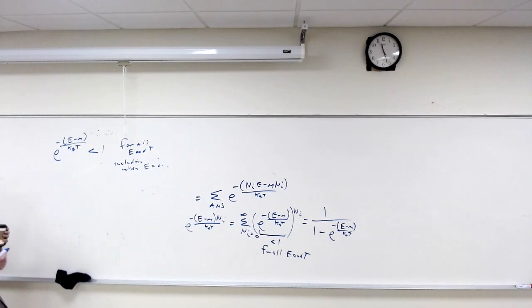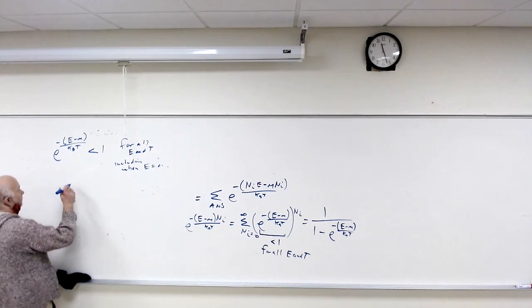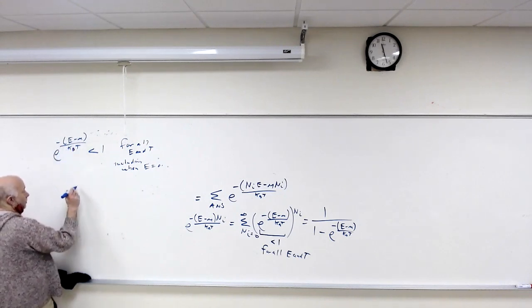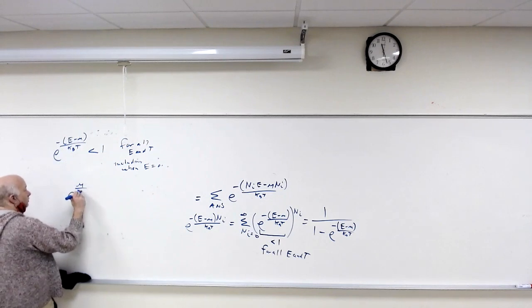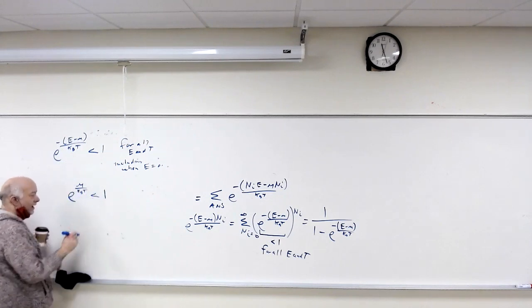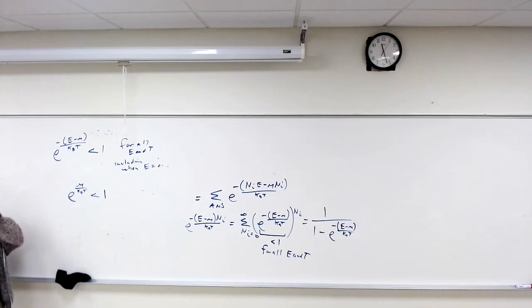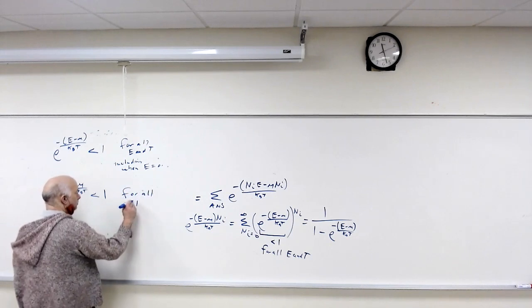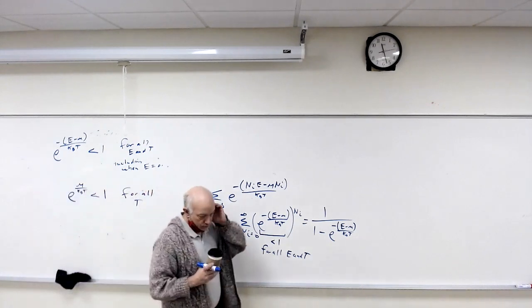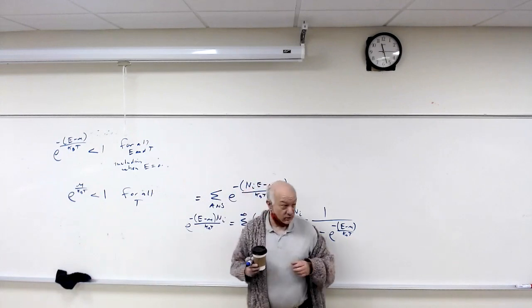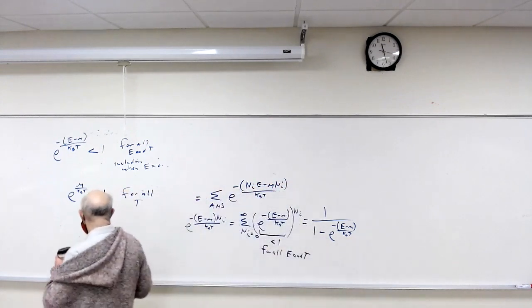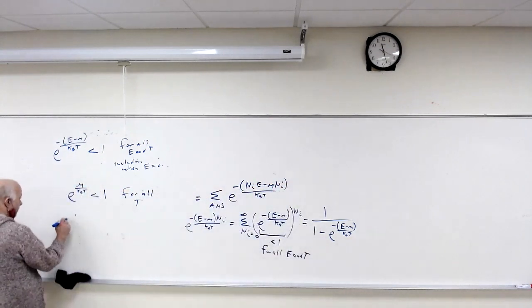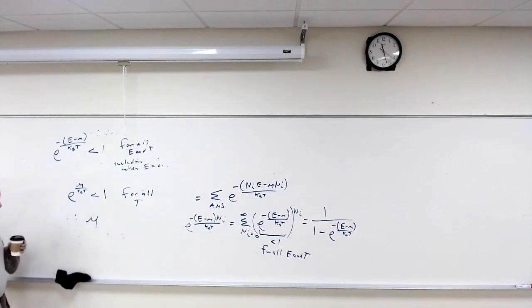It has to be true for any value. So what this means is that we have this here, so the minus minus makes a plus. That has to be the case for all T. Well, there's an implication here. From this right here, therefore mu must be negative.